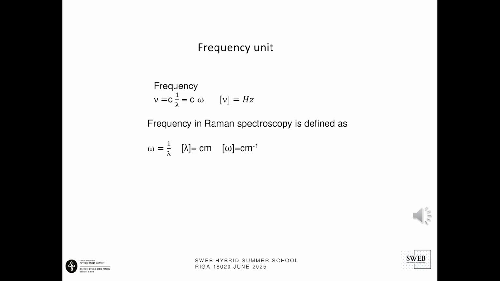Reciprocal centimeters as a unit of frequency are widely used in vibrational spectroscopy. What is it? Frequency in vibrational spectroscopy is defined as the reciprocal of wavelength. A frequency defined in this way is called a wave number.